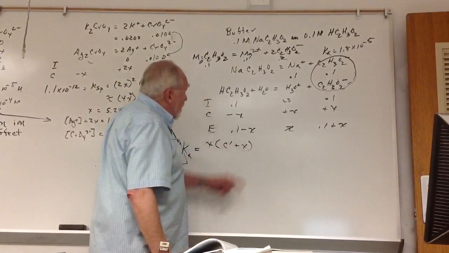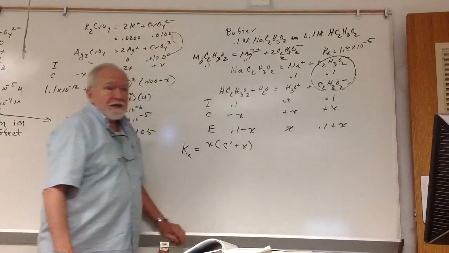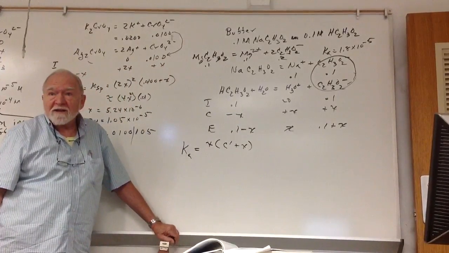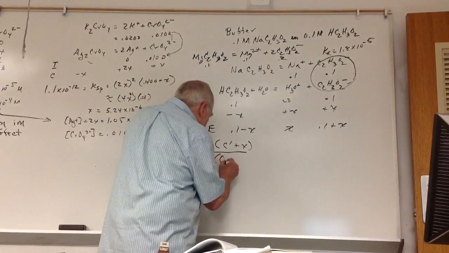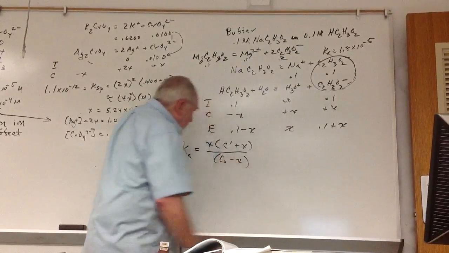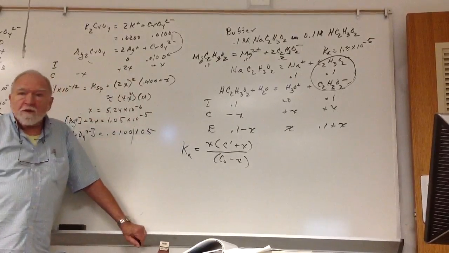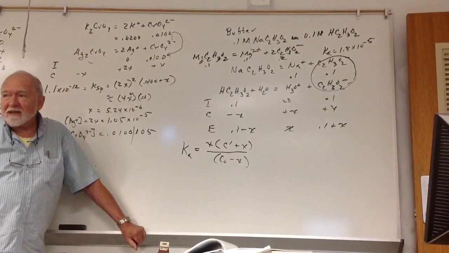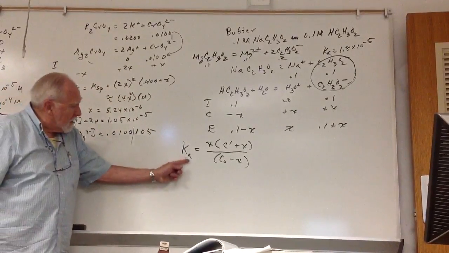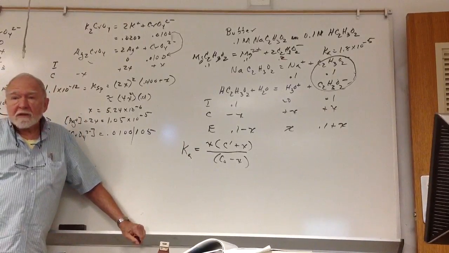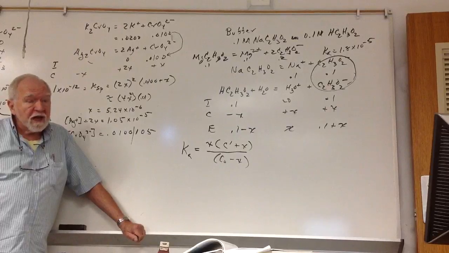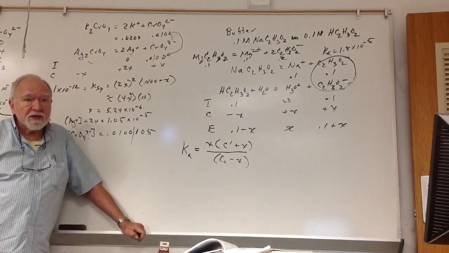C prime plus X is the concentration of the source of the common ion. So it's that problem. All buffer problems break down to that type of problem. If it's a base, this is case of B, the X would be the hydroxide ion. The C prime is always the conjugate species concentration.